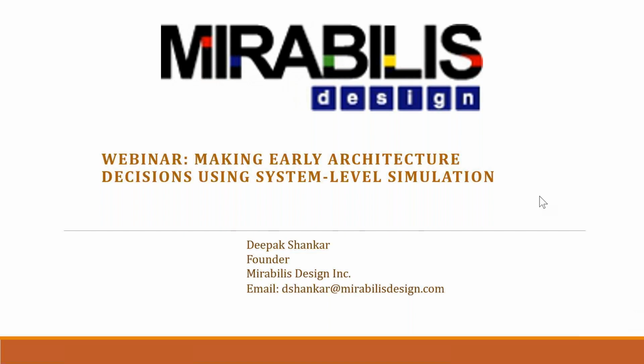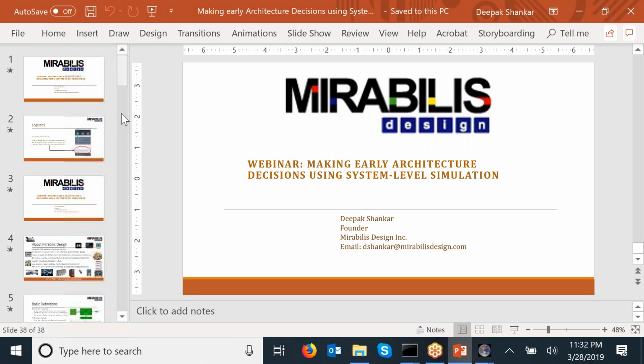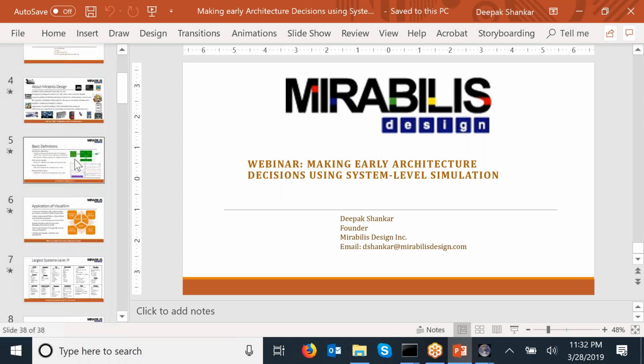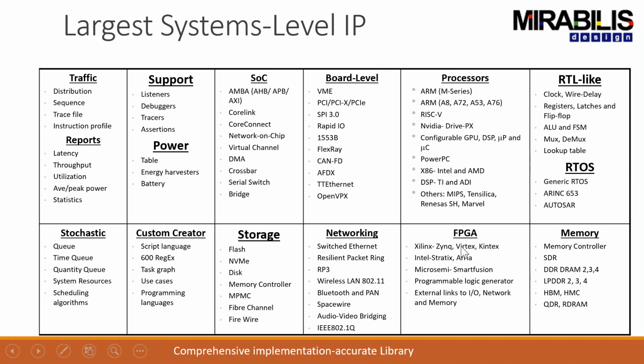Of course, we've got a huge number of FPGAs. Let me move over to the list of libraries. One of the things we've been focusing on more recently have been the new generation of FPGAs. So we have the Xilinx Zynq, Virtex, Kintex, the Stratix, and Arria, and also SmartFusion from Microsemi.